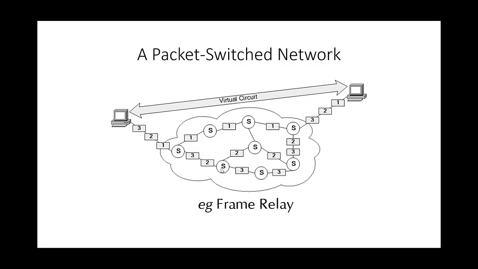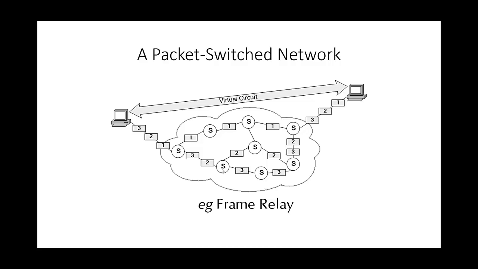However, packet switch network providers will often offer a virtual circuit capability. To the end user, a virtual circuit appears as a dedicated circuit, similar to the one offered by a circuit switch network or leased line. A virtual circuit can be established whenever the source calls a destination and is referred to as a switched virtual circuit, or an SVC.